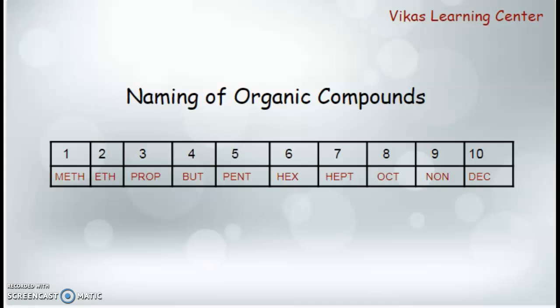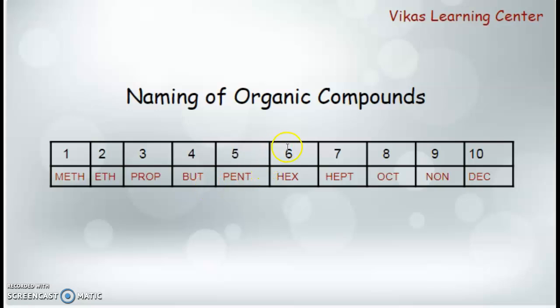Wherever you notice the presence of only one carbon atom, the name will begin with meth. And when there are two carbon atoms, the name starts with eth. If it is three carbon atoms, the name is going to start with prop. Wherever there are four carbon atoms in any hydrocarbon, the name will begin with but. If it is 5 carbon atoms, that is pent.